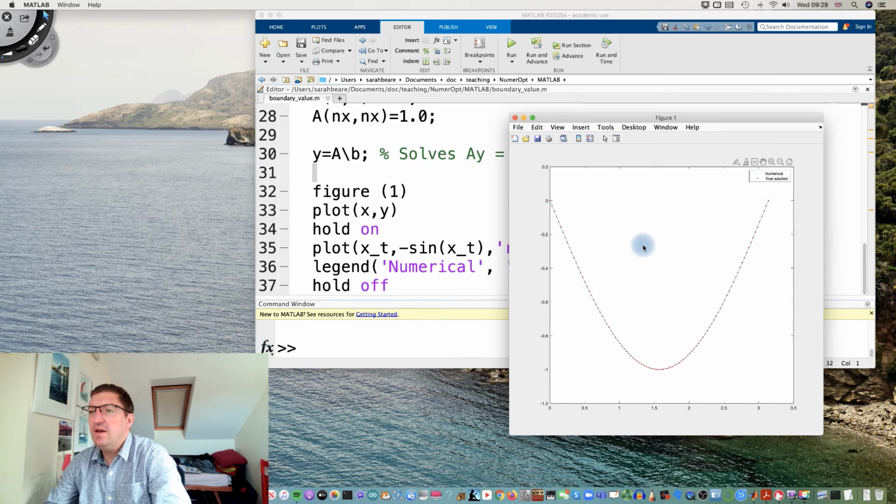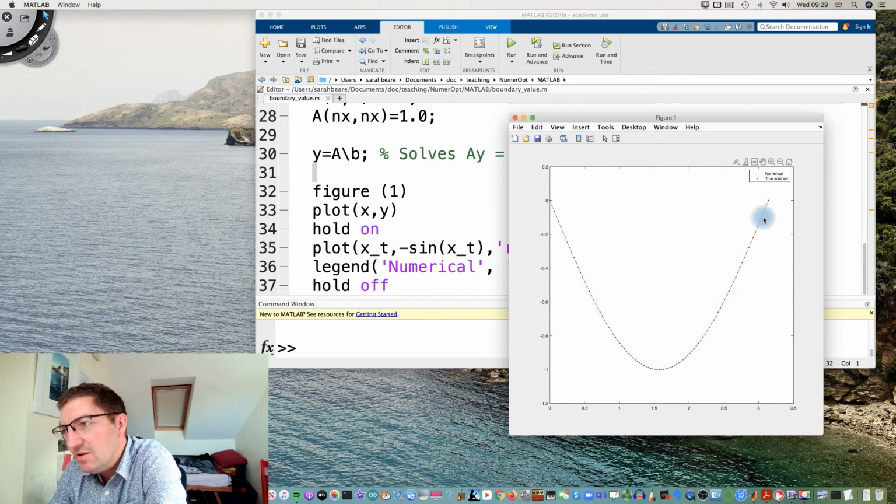Change the number of points, and what we have here is this true solution, which was simply minus sine x, given by the dotted line, and this is the true solution evaluated at each grid point. Remember, we're using 51 points here, so a lot of points. And then it turns out the numerical solution is very close to the true solution in this case, which is good.